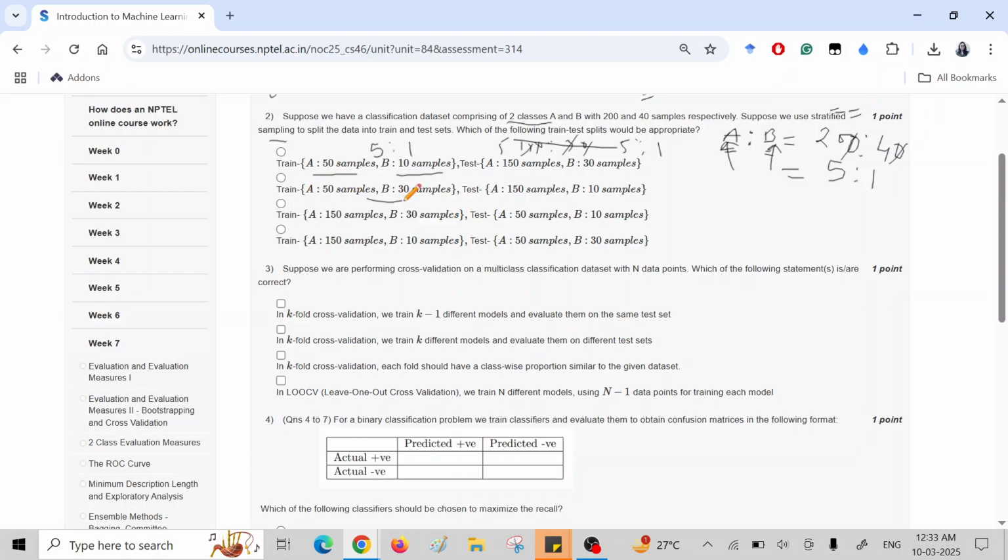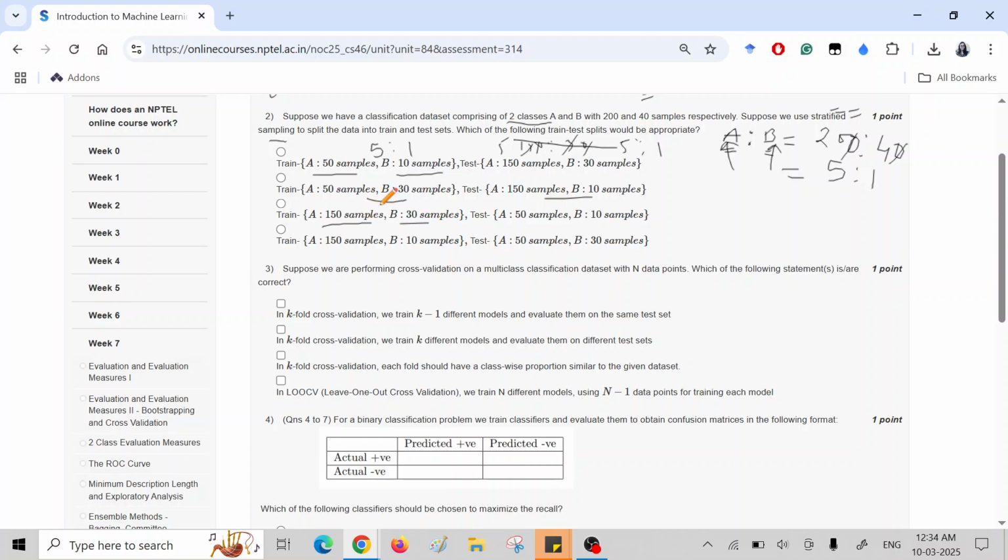The second option is having 50 samples from A and 30 samples from B, so that 5:1 ratio is not maintained. The ratio here is 5:3, whereas in the test sample as well, the ratio here is 15:1. Okay, so that ratio is not maintained. Then the third option, A is having 150 samples and B is having 30 samples.